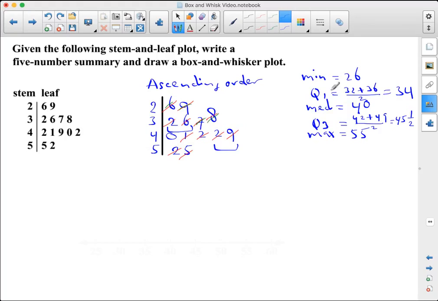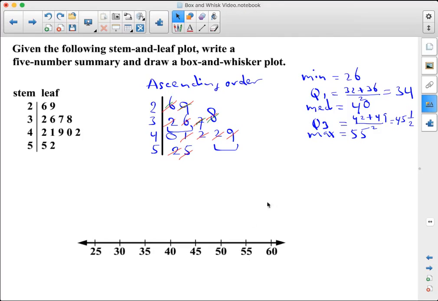So then the next step, I've got my 5-number summary. The next step is draw the box plot. So first you need a number line from around 26 to around 55. Well, this one is 25 to 60, so that's fine. I put the values in. The minimum is 26, so is it 25? So 26 is around here.